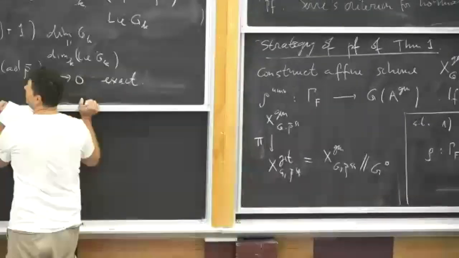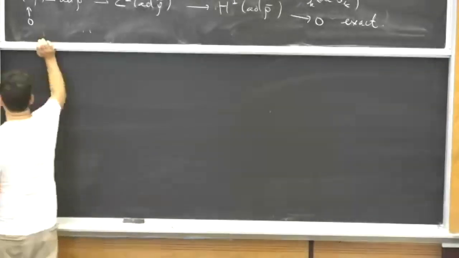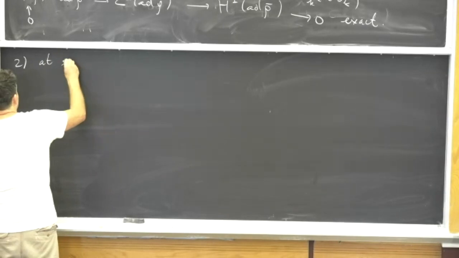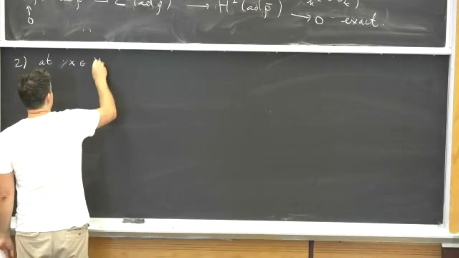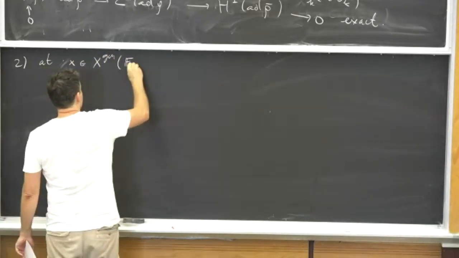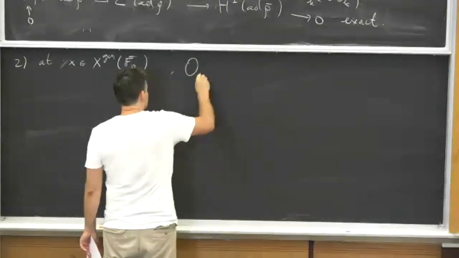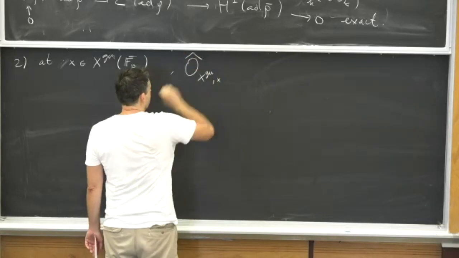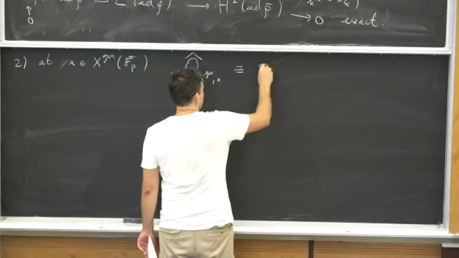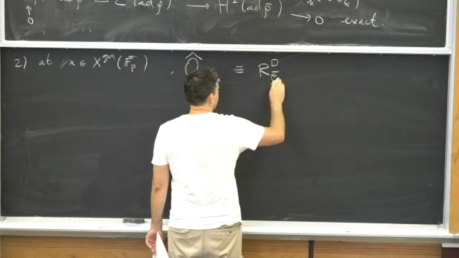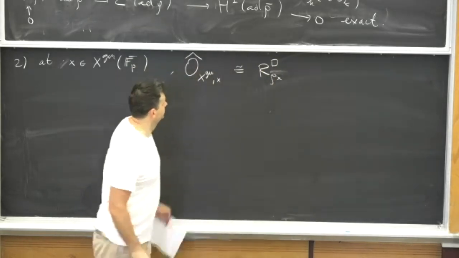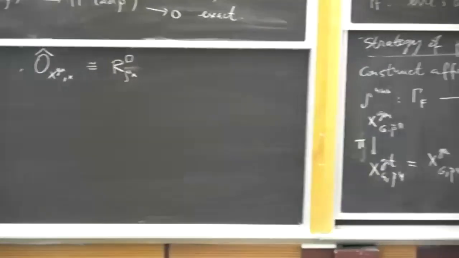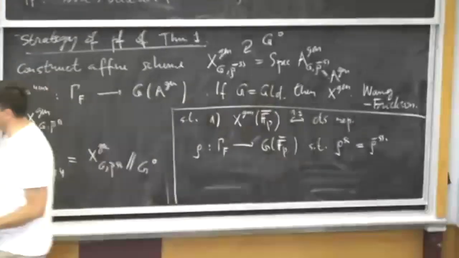Now the connection to the problem that we're interested in is that at a point x of X gen, if I look at the local ring at x and complete it, this is naturally isomorphic to the deformation ring of rho x, where rho x is the specialization of this universal representation at x.